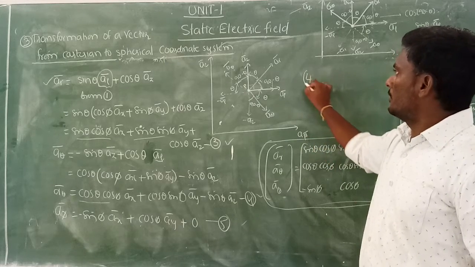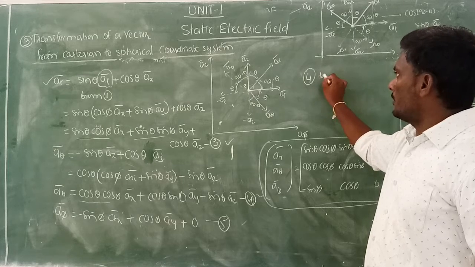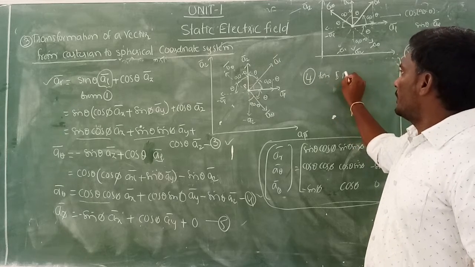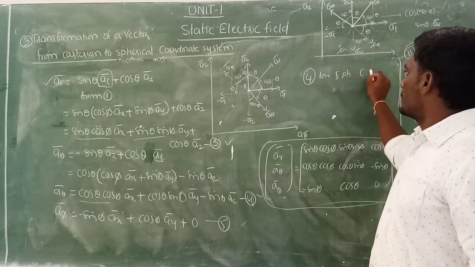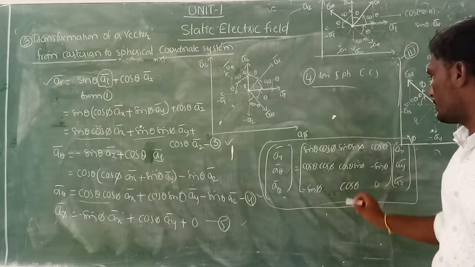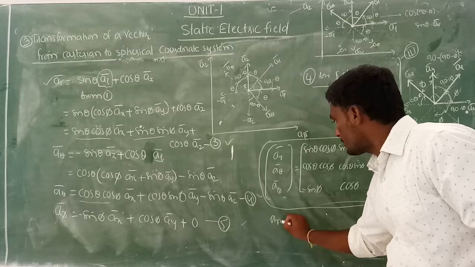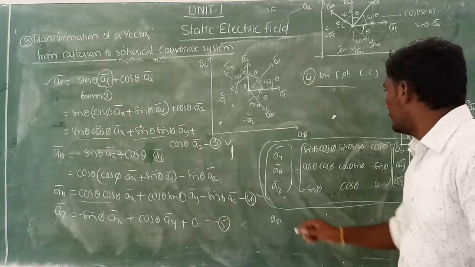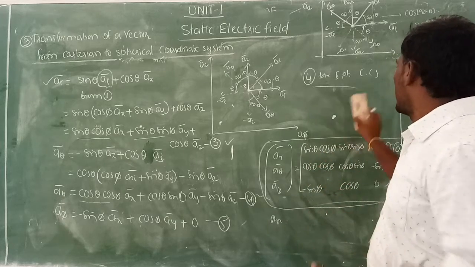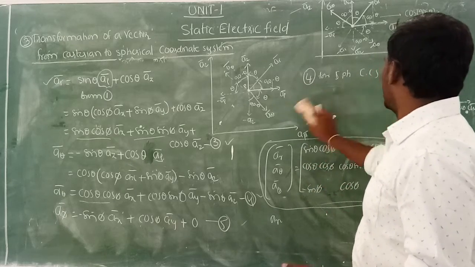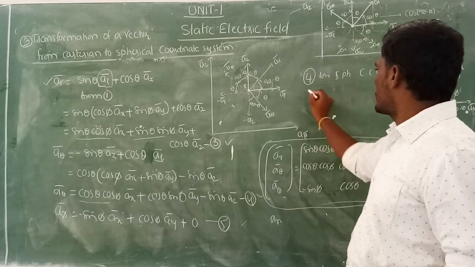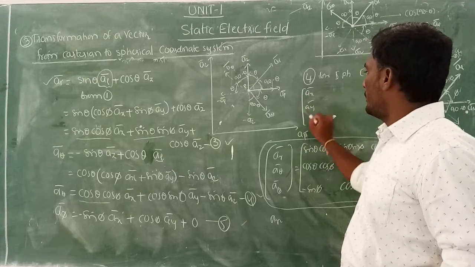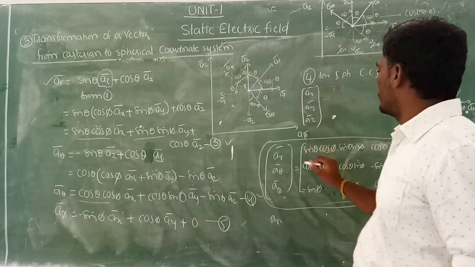Fourth one is transformation of a vector. I am directly writing the transformation of a vector from spherical to Cartesian coordinate system. If you reverse this equation, I am writing ax bar here. The conversion of a vector from spherical to Cartesian coordinate system: ax bar, ay bar, az bar.